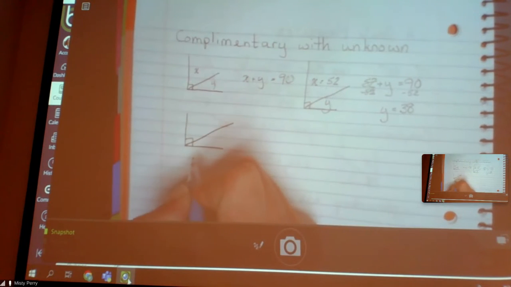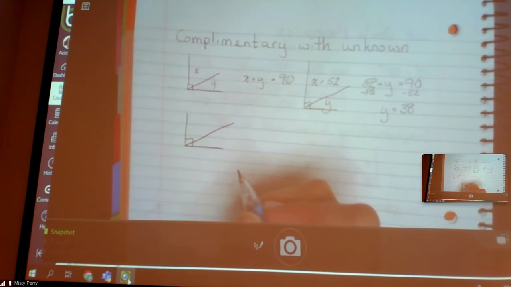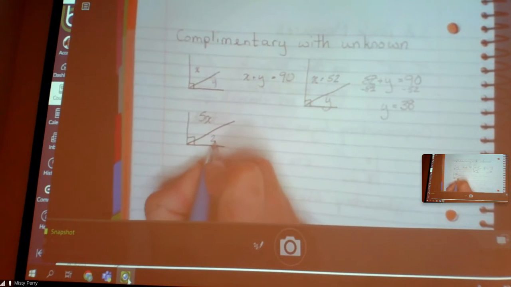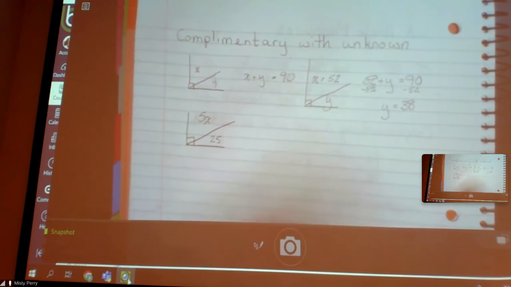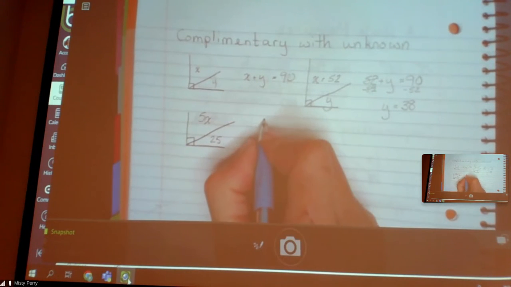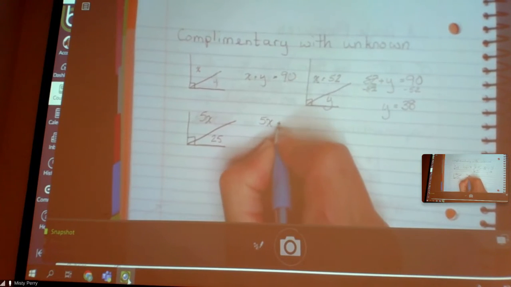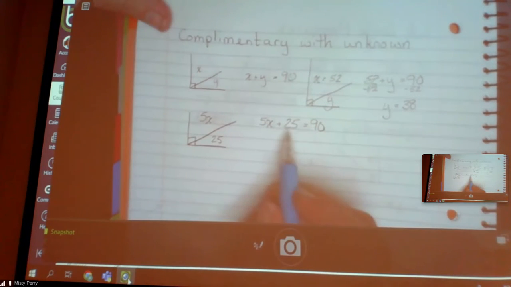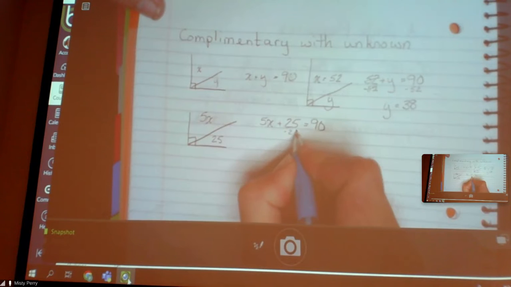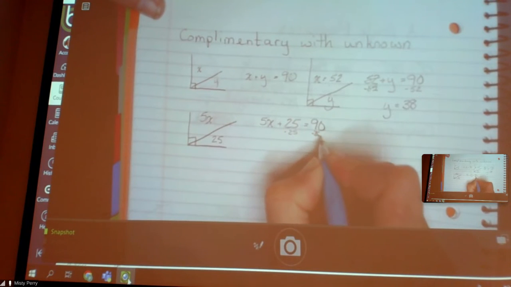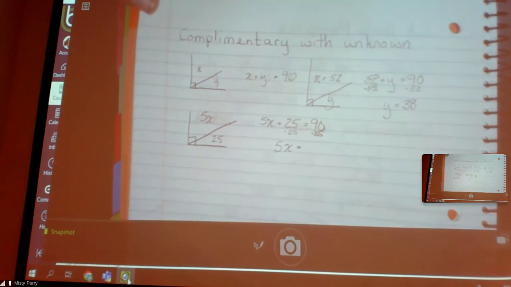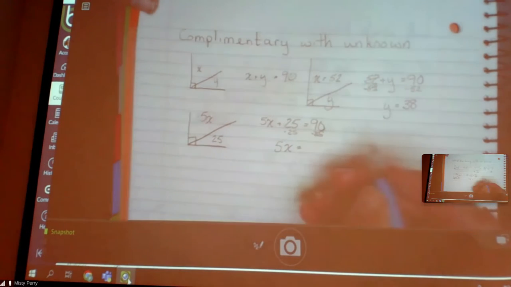Another thing you will see is if this one is 5x and this one is 25, you gotta set it up the exact same way. I know 5x plus 25 is going to equal 90. So to get rid of the 25, I'm going to subtract the 25 on both sides. I have 5x will equal 65.